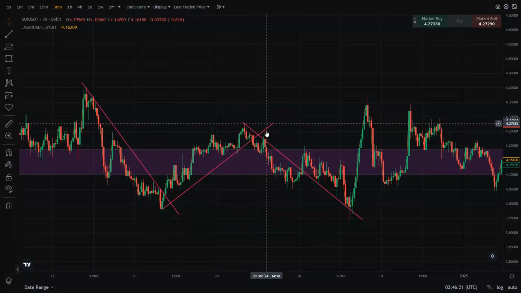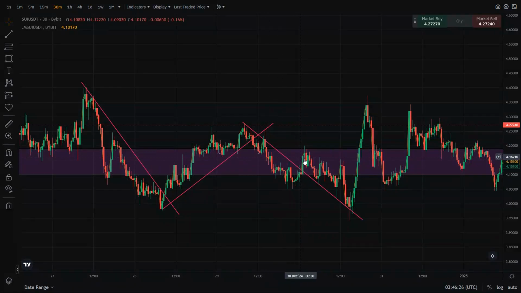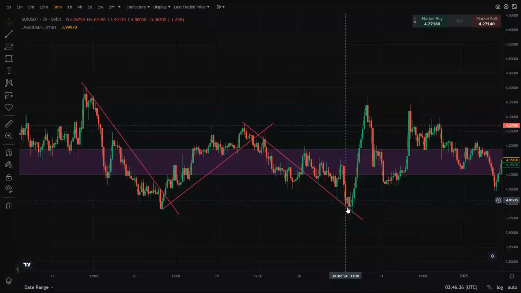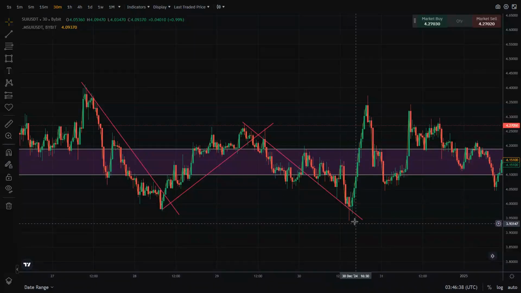It tries to break it, then comes back to the level, and immediately it breaks this trend line, the trend line begins to act as support. It comes there, touches it, moves back up, touches it, moves back up, touches it, breaks below, creates another fake out. Then take a look at this strong bullish movement and it begins to move up.